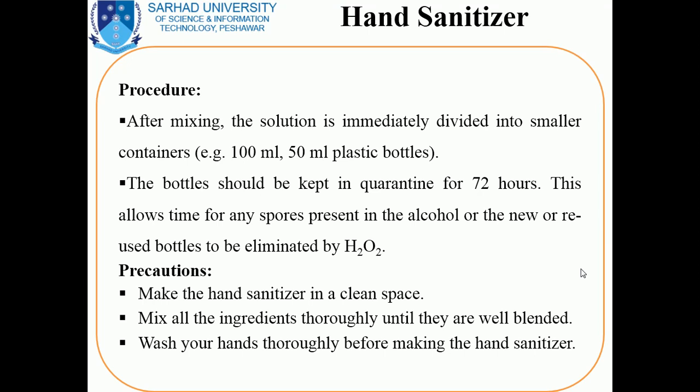Quarantine is an area in the pharmaceutical industry or manufacturing units in which the finished goods are kept, and after some time they are marketed or transferred to the relevant areas. The 72 hours of keeping is done in order to ensure the elimination of any type of spores that are already present in the alcohol or in the bottles, and they should be eliminated by the hydrogen peroxide.